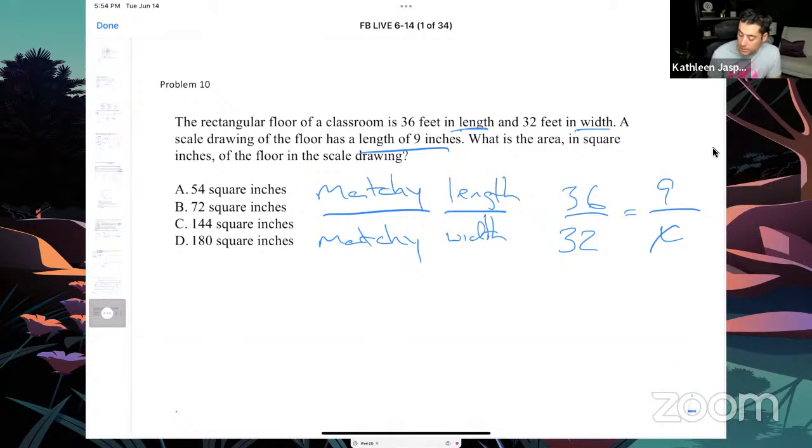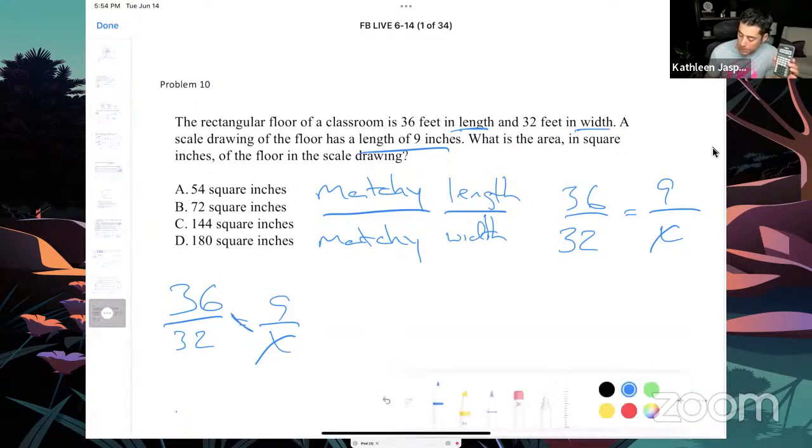So how do we solve proportions? We cross multiply and divide. I'll show you a couple of ways. 36 over 32 equals 9 over x. Pick up your calculator, and remember, we cross multiply. I always cross the two numbers, so it's 9 and 32.